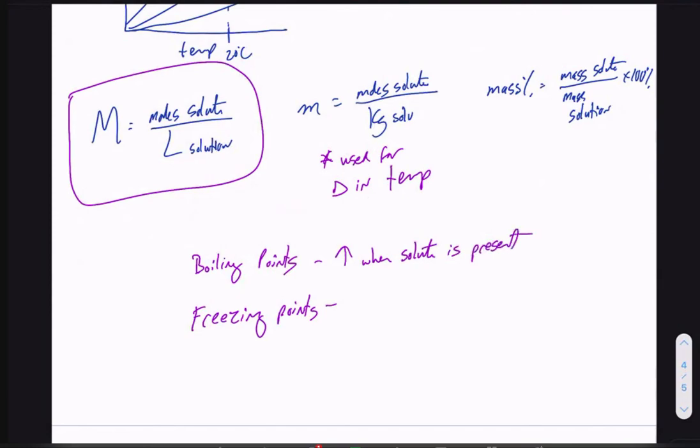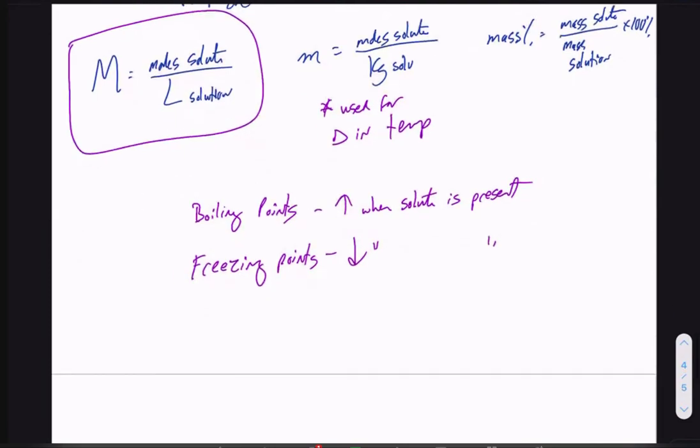Freezing points decrease when solutes are present. This is calculated, the change in the temperature for freezing or boiling, using this equation.